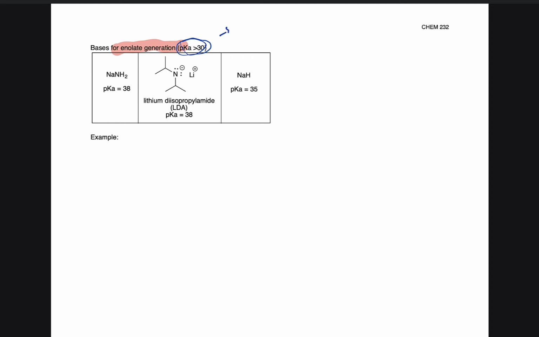Remember, a high pKa can, quote unquote, mean basic. So all these high pKa's are indicative of these being strong bases.